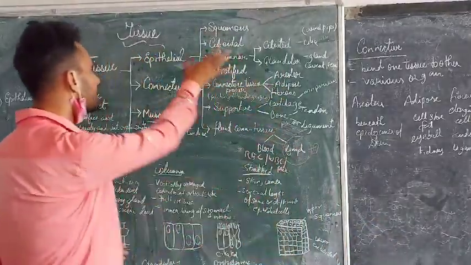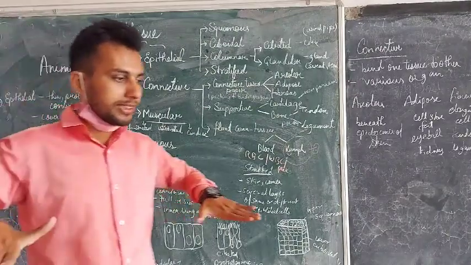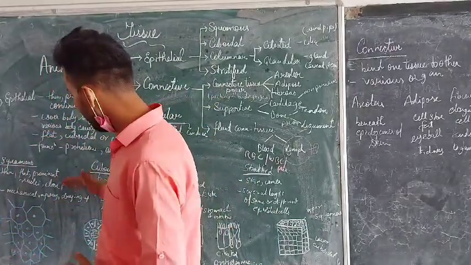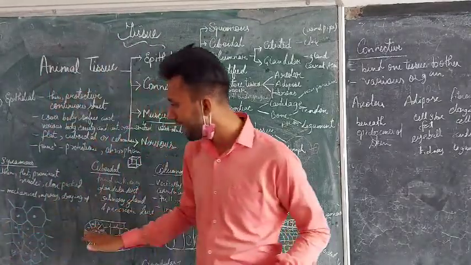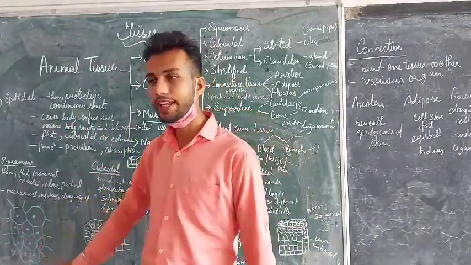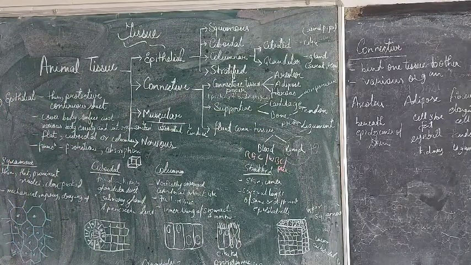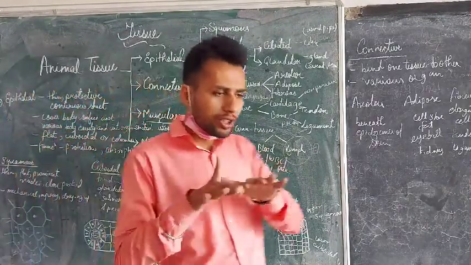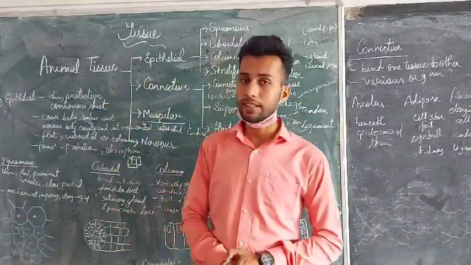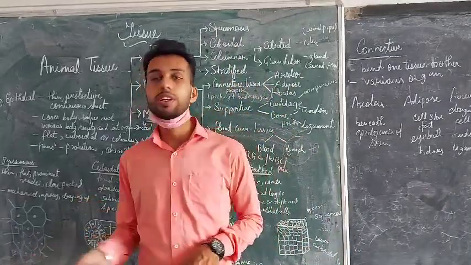First of all, the squamous epithelium. Squamous epithelium is flattened, just like tiles put on a floor. In the same way, the squamous epithelium is flattened and the nuclei are prominent in them. They form a very tightly packed, continuous sheet, and they protect the organ from mechanical injury and also from drying up.